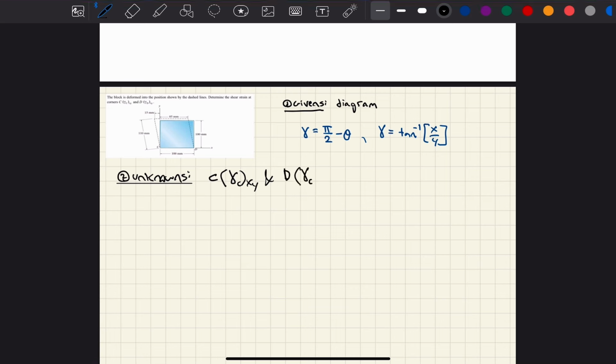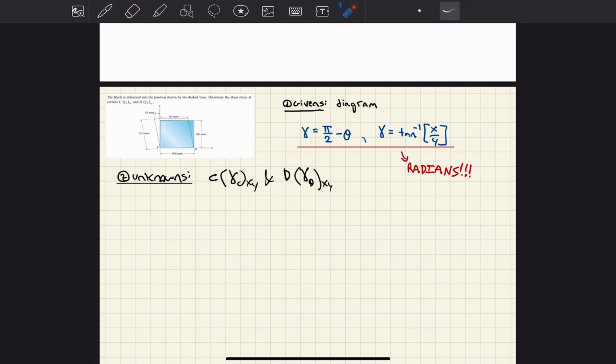One very, very, very important thing we forgot in givens is these two equations only work in radians. I cannot stress this enough. It has to be in radians, or you deserve to get it wrong. These equations have to be in radians when you're plugging it into your calculator.